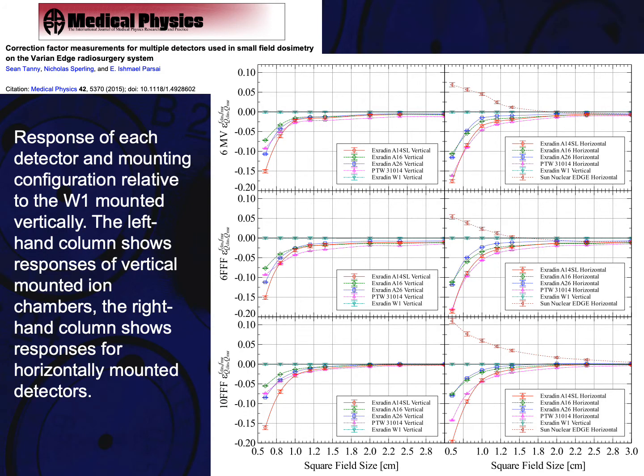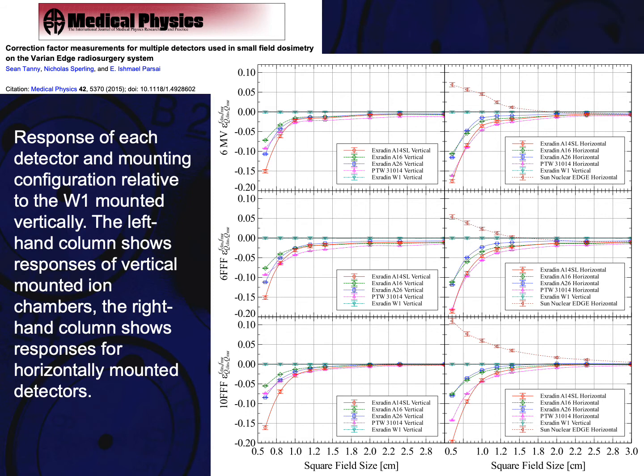Now things have moved forward significantly since those times in early 2000s, and there's now a lot more information that's been published. And in this paper by Tani, we can see here different chambers. We have 5 different detectors, and we can see here that correction factors are assigned to them.